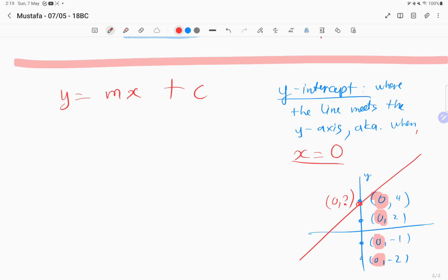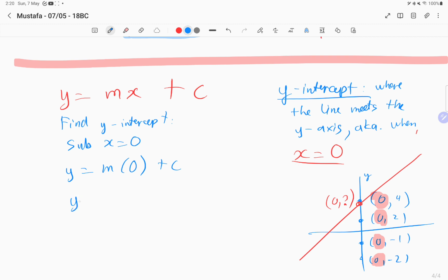Now, when x equals 0, what happens to this part of the equation here? We're not working with actual numbers, but let's just say we work with this formula. M times 0, x with m.